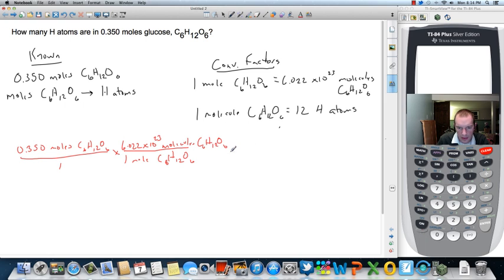If we stop right here, our moles of glucose will cancel. We'll be left with molecules of glucose.